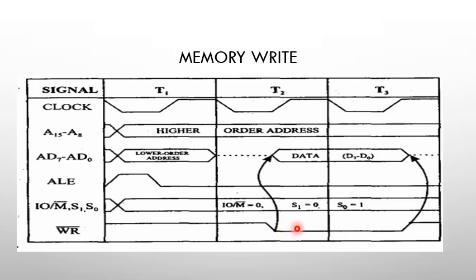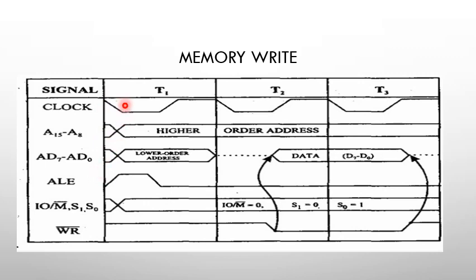As soon as it goes low, the microprocessor will write some data in the address it has obtained during the first clock cycle. The status signal for it is shown here. I will summarize once again.